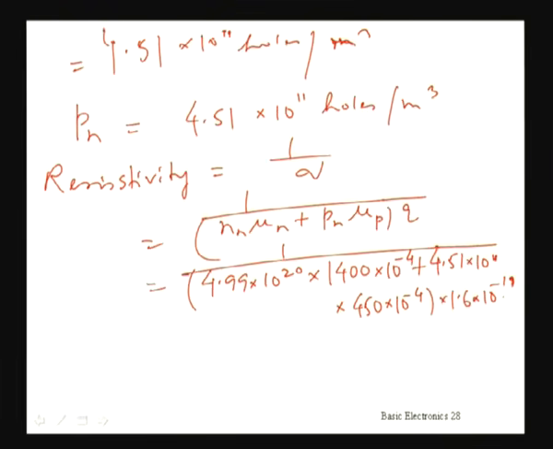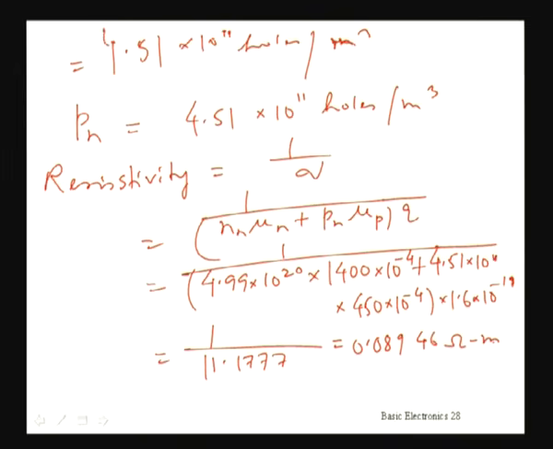And this calculation gives me the whole numerator will be 11.1777. So I will be getting 0.08946 ohm meter.